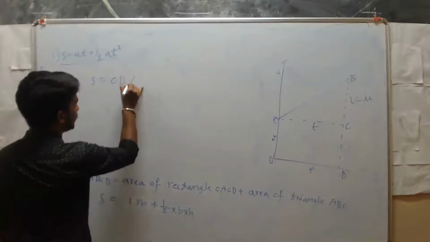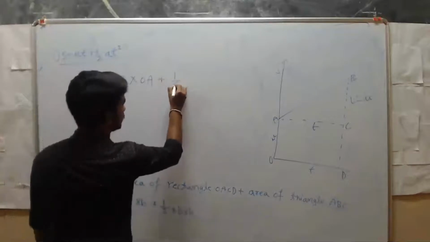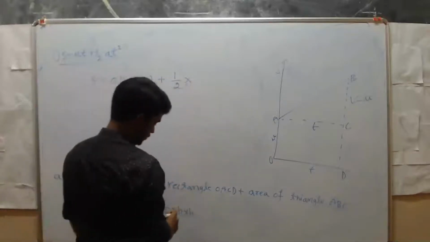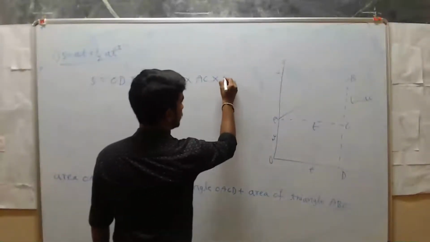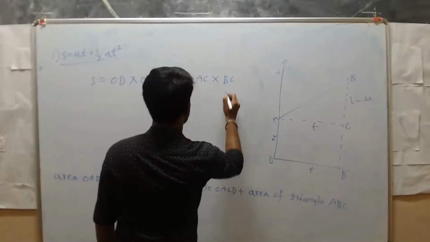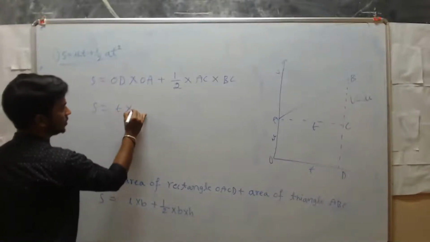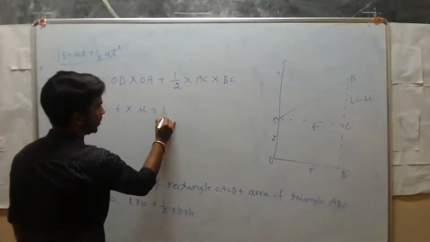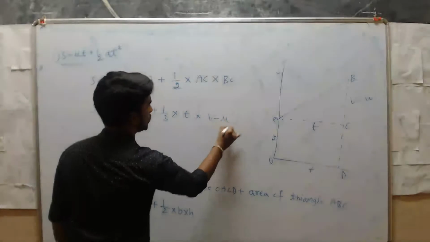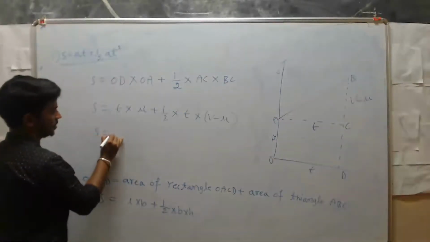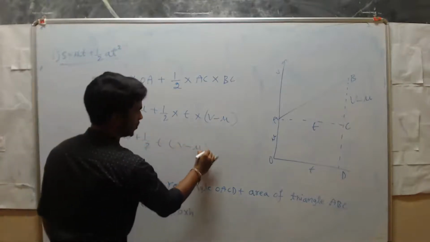Length is OD, into breadth OA, plus half into base AC into height BC. So S equals OD, that is OA is U, plus half into AC is T, then BC is V minus U. So we can write this step as S equals UT plus half into T into V minus U.